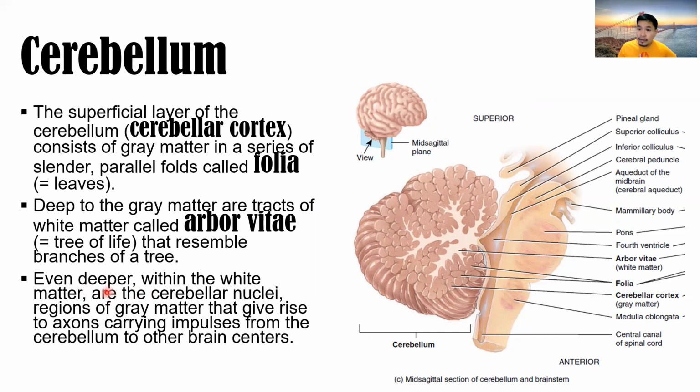Even deeper within the white matter are your cerebellar nuclei, regions of gray matter that give rise to axons carrying impulses from the cerebellum to outer brain centers. So we would learn later that the cerebellum will have connections to different structures in the brain.